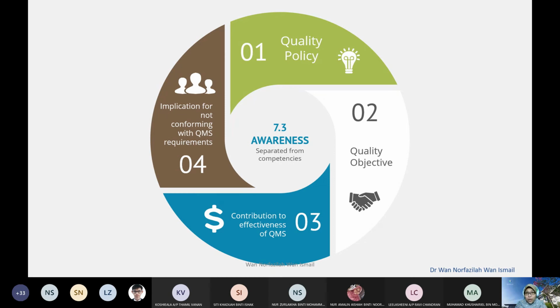These ISO 9001 requirements cannot be fulfilled by one person. Okay, bukan kata leader je yang kena buat kerja untuk fulfill all the requirements. Everyone involved in that organisation should contribute for the effectiveness of quality management system.